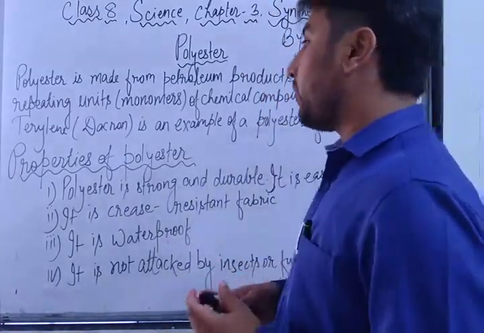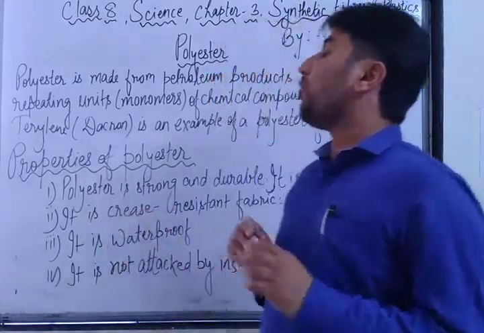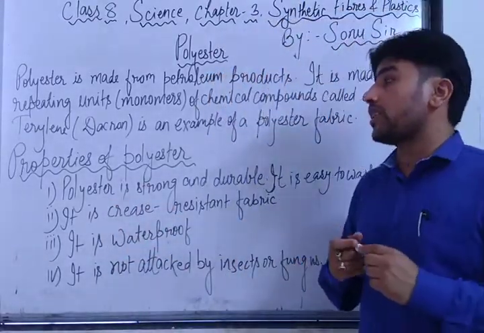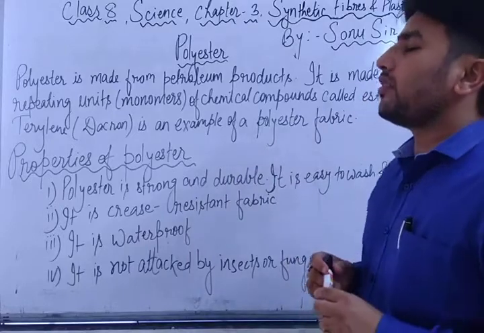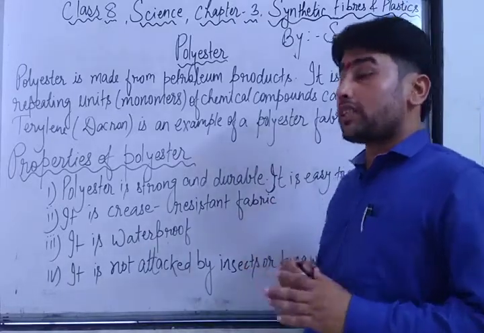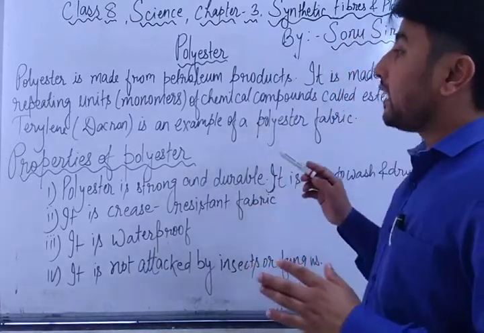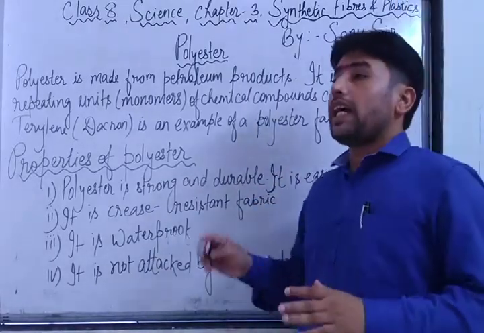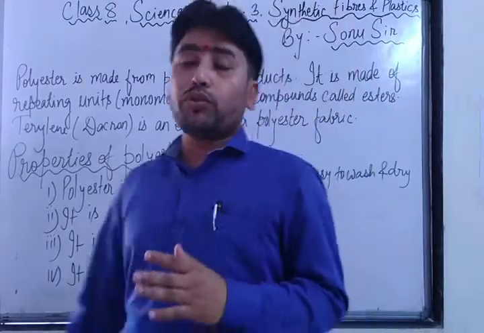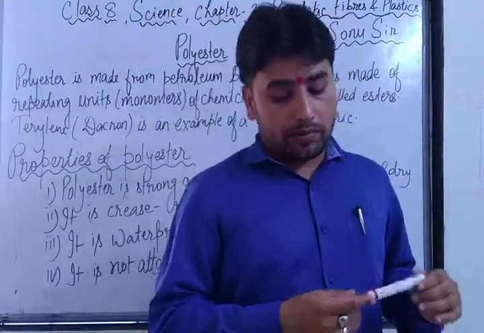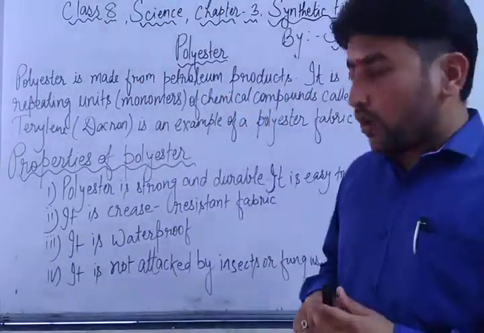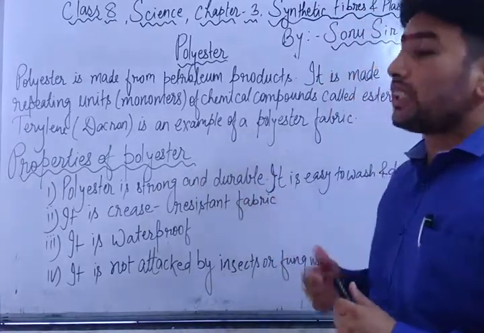So we have seen the uses of polyester, the properties of polyester, and the definition of polyester. After that we will move towards a new synthetic fiber called acrylic. Before that, you can note down or take a screenshot.